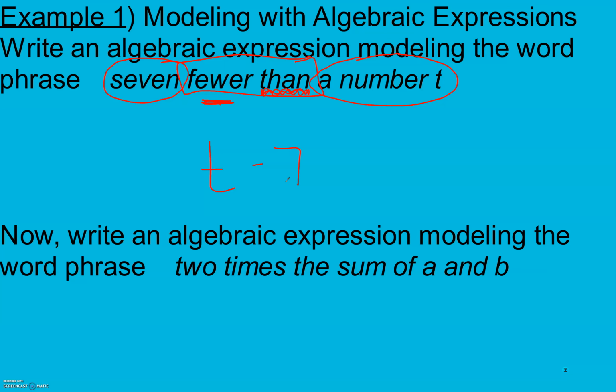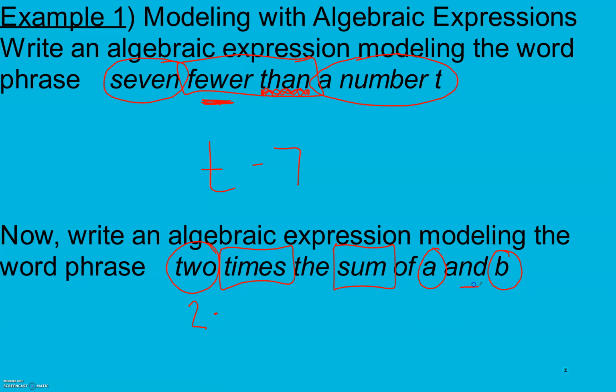Now feel free to pause here and give this a try if you'd like. 2 times the sum of a and b. Times is a math action word, and sum is a math action word. So 2 times means multiplication.